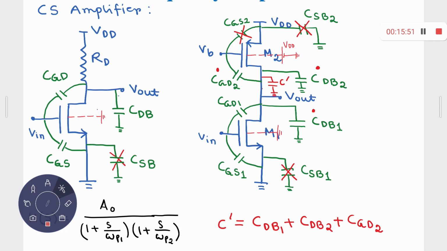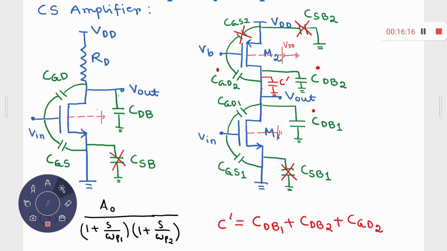So therefore, CGS2 is completely absent because both gate 2 and source 2 are connected to AC ground. What about CSB2? Source is connected to VDD, that means AC ground. Body is also connected to VDD for PMOS. You cannot consider CSB2 as well, right?